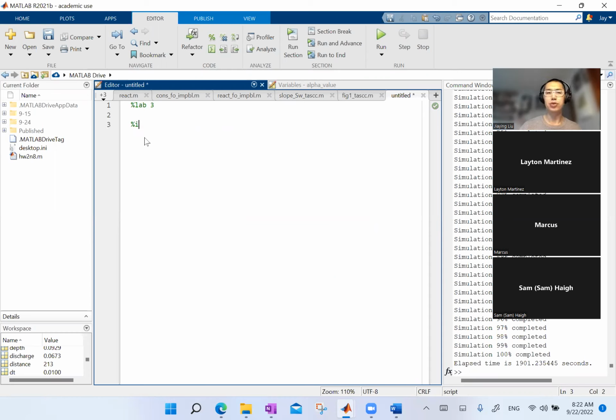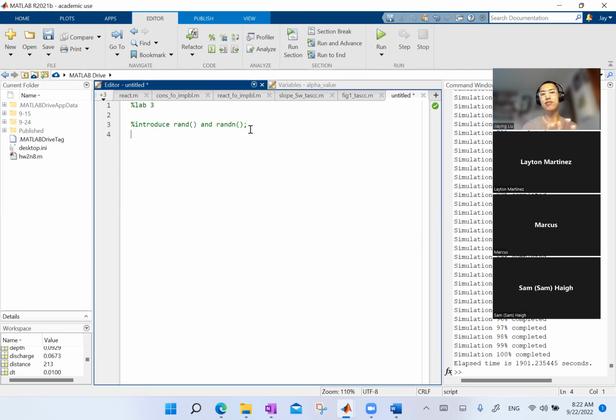And let's just quickly introduce the rand and randn functions. So in MATLAB, rand is a random distribution, and randn is a normal distribution.